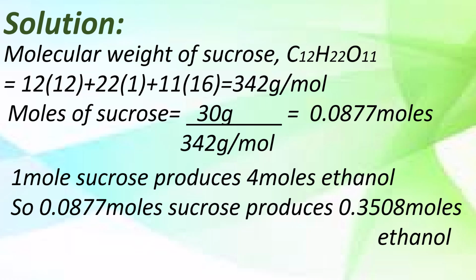Because 1 mole sucrose produces 1 mole glucose and 1 mole fructose, and 1 mole glucose produces 2 moles ethanol, and 1 mole fructose produces 2 moles ethanol. So overall 1 mole sucrose produces 4 moles ethanol. So 0.0877 moles sucrose produces 0.3508 moles ethanol.